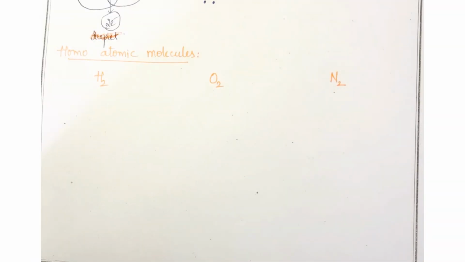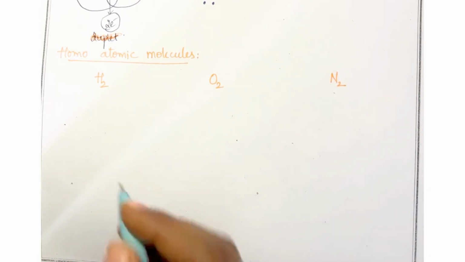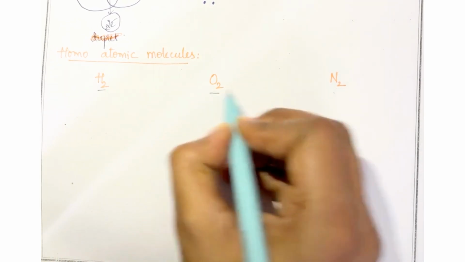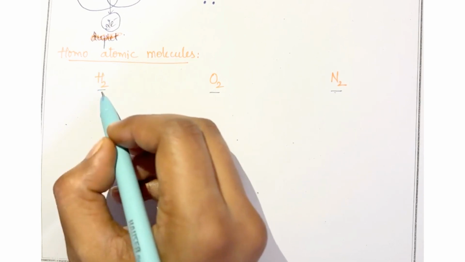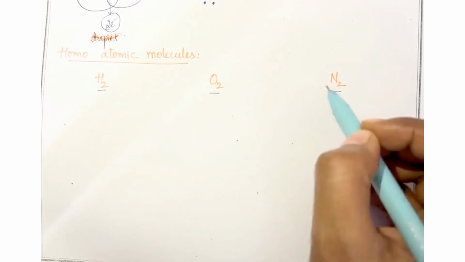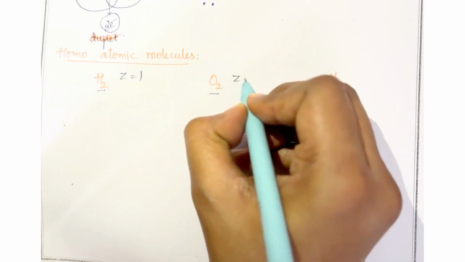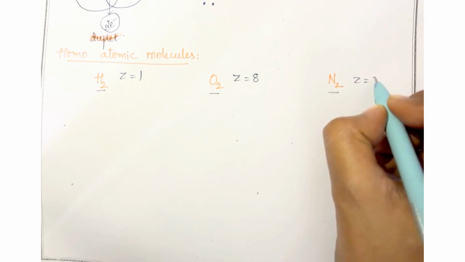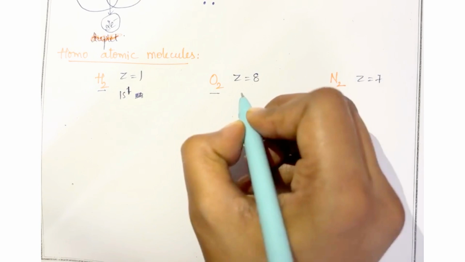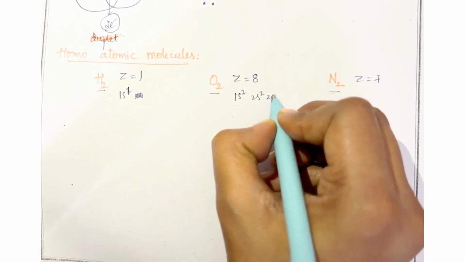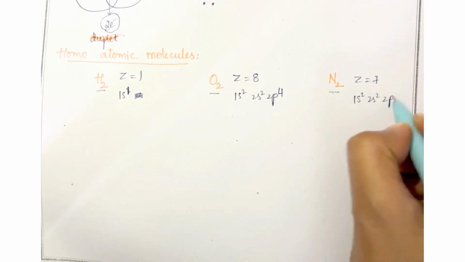Let us understand the covalent bonding in homoatomic molecule using the Lewis dot symbol method. Here we are taking hydrogen, oxygen and nitrogen. They are homoatomic because they have only one type of atoms. Here only hydrogens, here only oxygens and here only nitrogens. The atomic number of hydrogen is 1, oxygen is 8 and nitrogen is 7. So when you write the electronic configuration, it is 1s1, here it is 1s2 2s2 2p4, here it is 1s2 2s2 2p3.